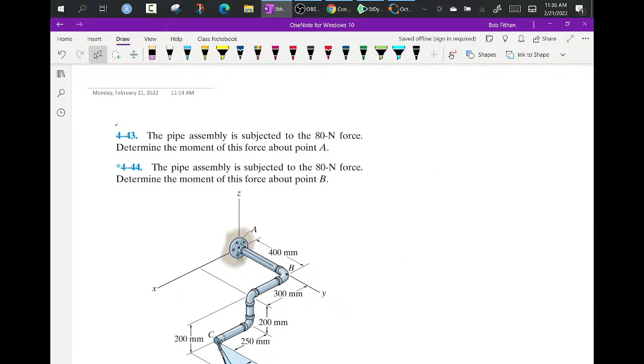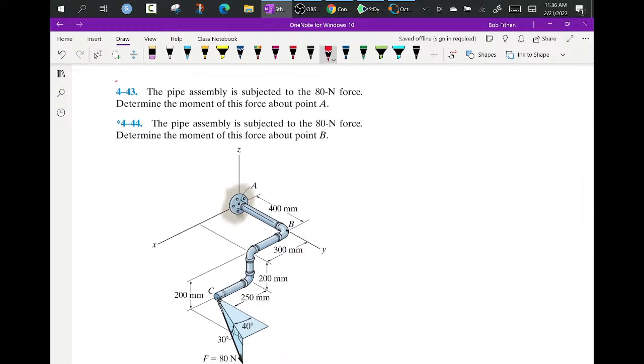So he says this pipe thing is subject to an 80 Newton force, and you notice it's 80 Newton on both. He says find the moment about A, but he also says find the moment about B, which is right here. So I'm going to just do the regimented thing the way it's supposed to be.